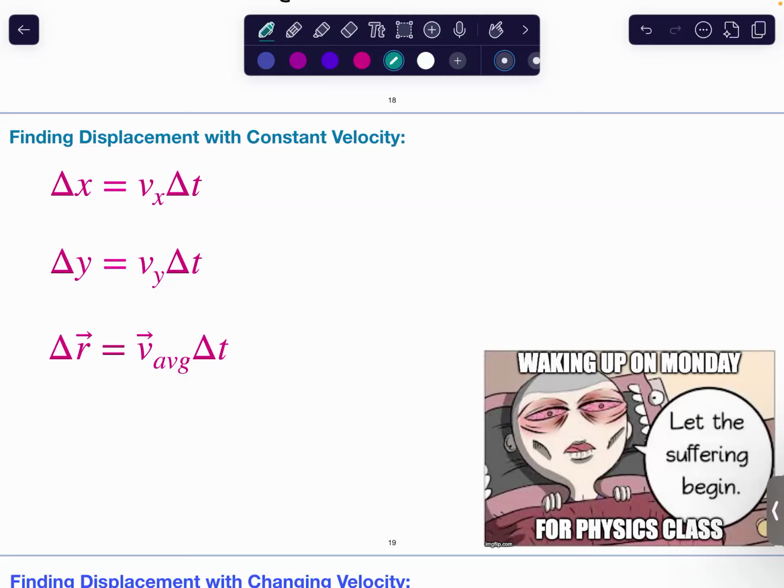Because what's the definition of average velocity? Yeah, it's the rate of change of displacement. And so, of course, you remember, so it's pretty easy to see where these three equations come from.